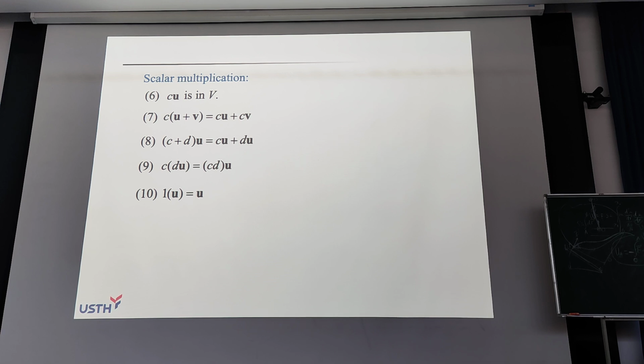So if V, the set V, on which we have 2 operations, and the 2 operations satisfy 10 properties like that, then we call V together with the 2 operations a vector space. And any element of V will be called a vector. So that is the definition.